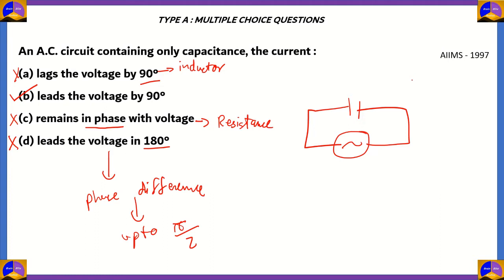So in an AC circuit containing only capacitance, current flows this way and the voltage is coming here. So as you can see, there is a phase difference of pi by 2, and if you look in the anti-clockwise sense, then current leads the voltage by a phase difference of pi by 2. Option B is the right option.